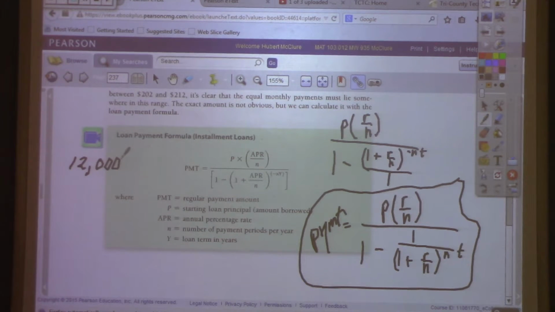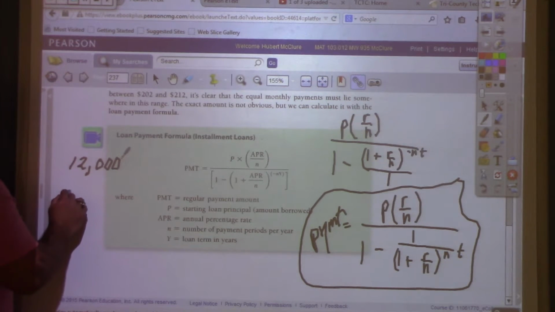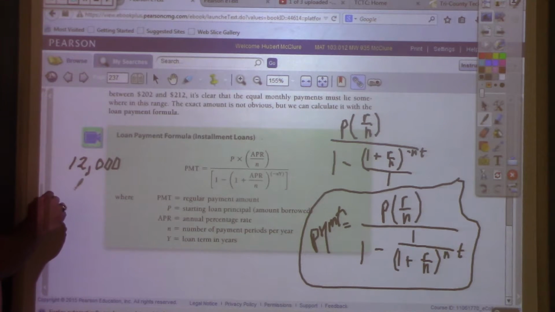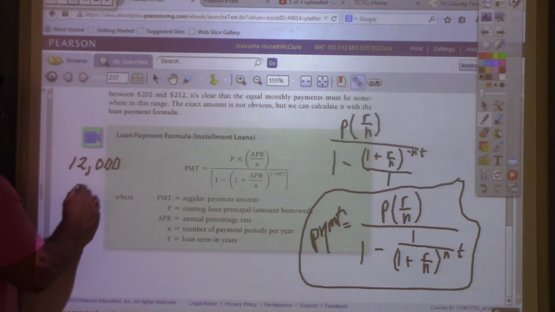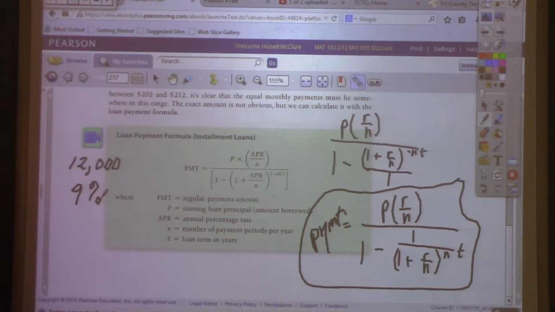So you go to the bank and you get $12,000. And they say, okay, we're going to loan that money to you at anybody gotten a loan lately? 9%. Okay, 9% for 5 years, because 3 to 5 years is usually standard on a car.